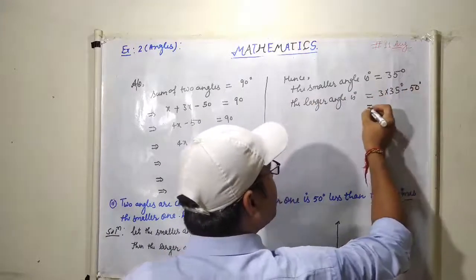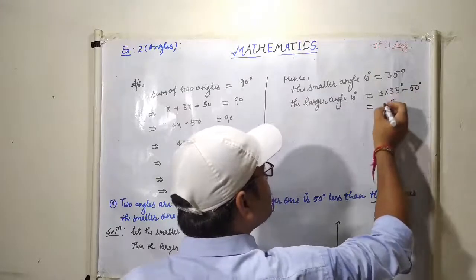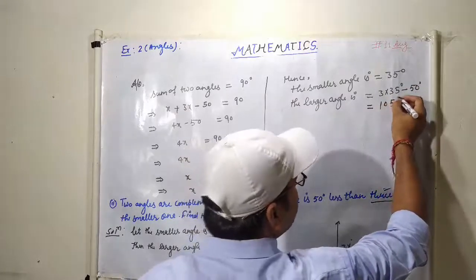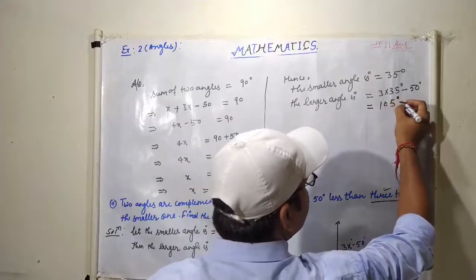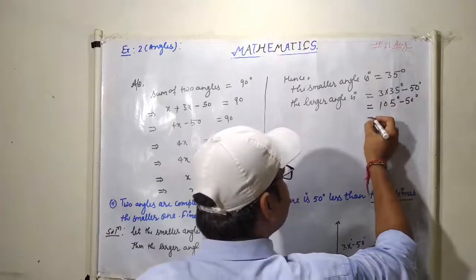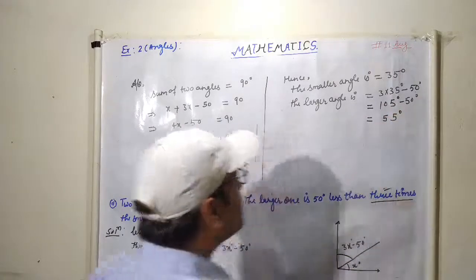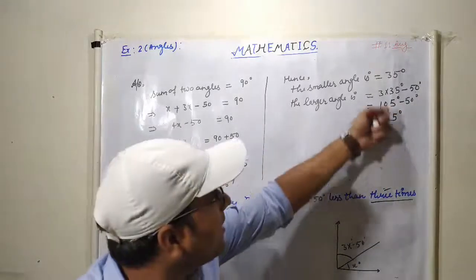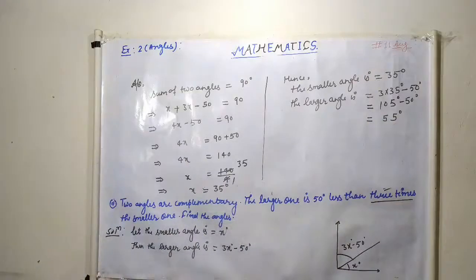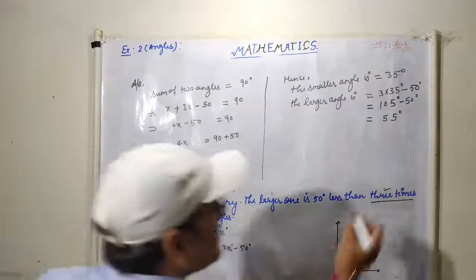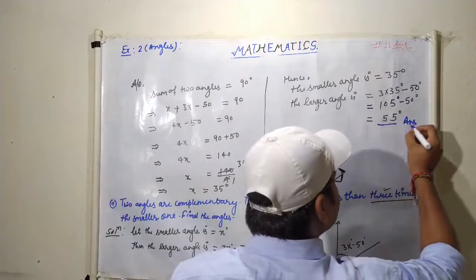Multiply by 3: 3 5s are 15, 3 3s are 9, 105 degree minus 50 degree. Subtract this, 105 minus 50 is 55. So the larger angle is 55 and the smaller angle is 35 degree, students. So this is your answer.